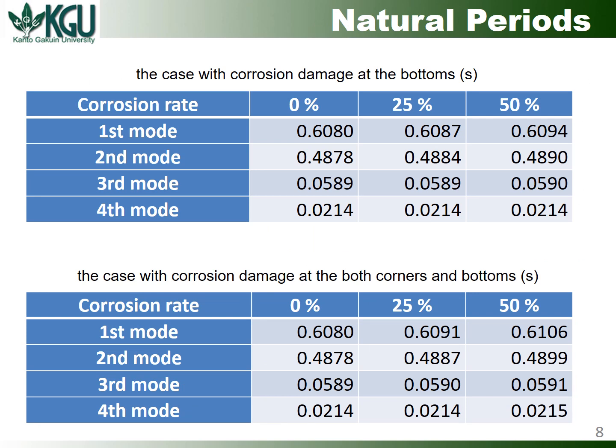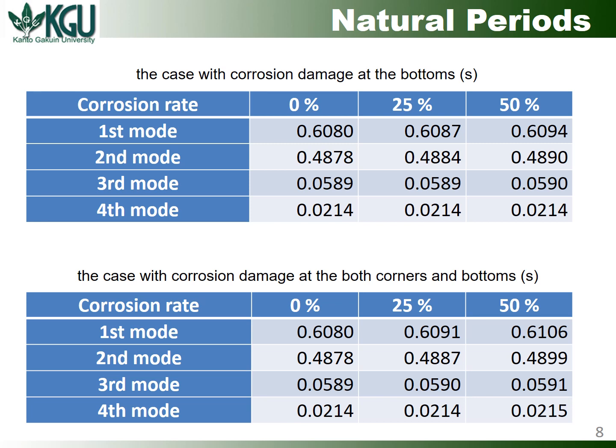Here, the first four natural periods are summarized. Since the natural periods for the case with corrosions only at the bottoms and the case with corrosions only at the corners were almost similar, only the result of the case with corrosions at the bottoms is shown in the top table.